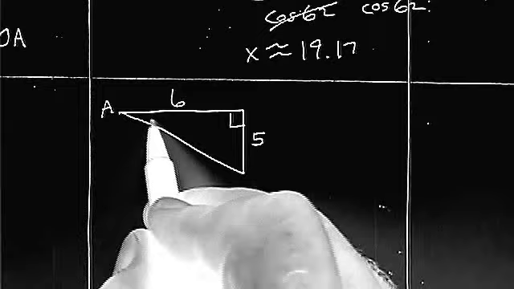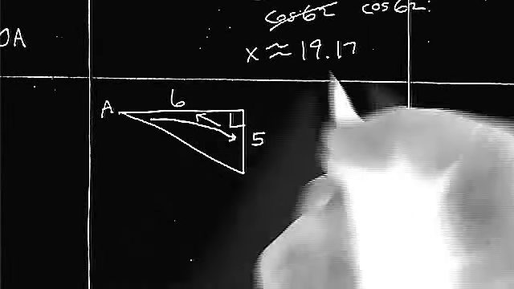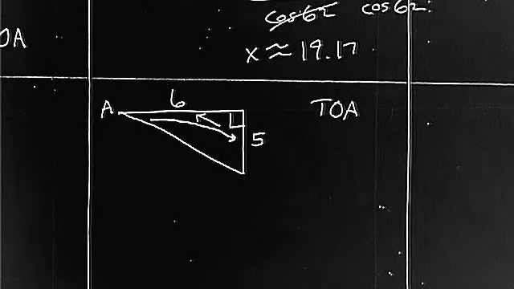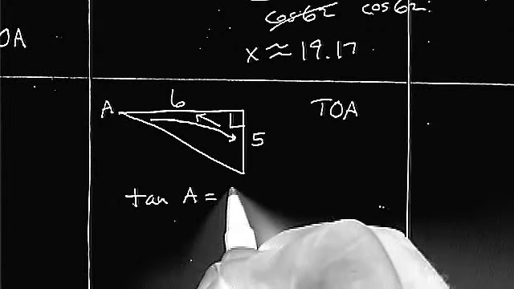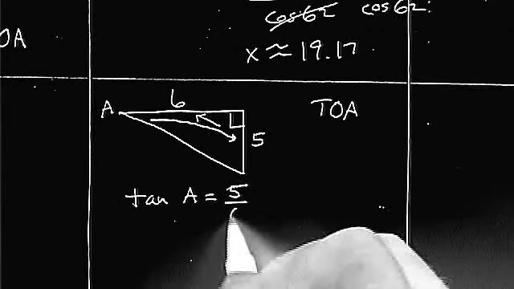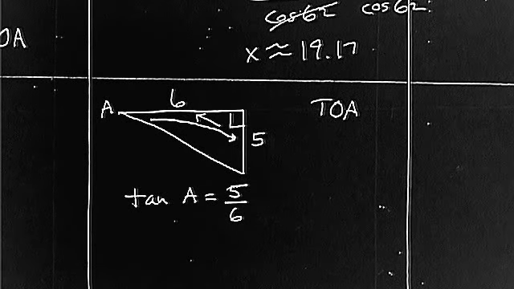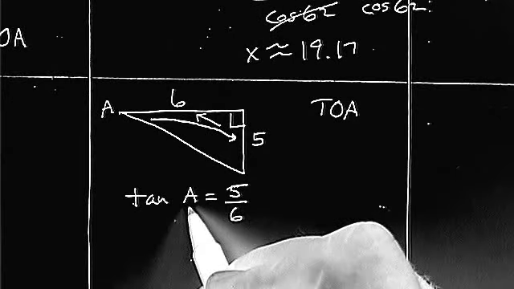Well, we have the opposite side and the adjacent side. Which one of those uses opposite and adjacent? That would be the tangent, right? So the tangent of angle A is opposite over adjacent. Now this one does not require that I cross multiply anything. We are trying to find angle A.